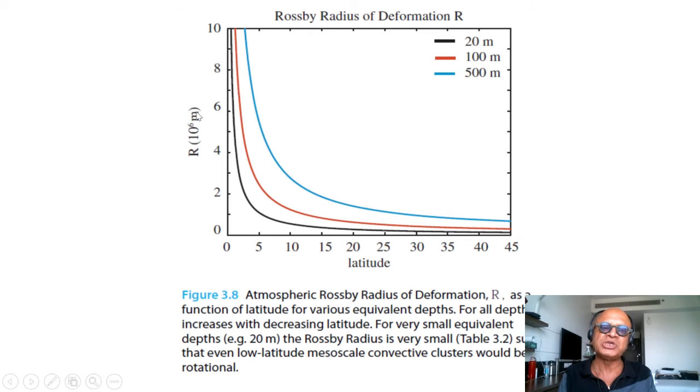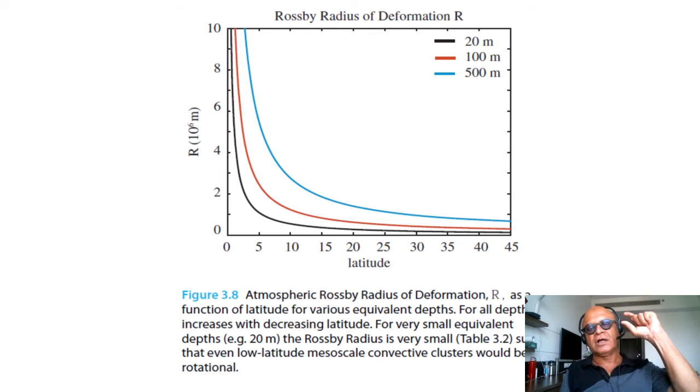So looking at the Rossby radius of deformation here versus latitude for different equivalent depths, as we can expect, when the equivalent depth is very shallow, 20 meters, the Rossby radius of deformation near the equator is basically going to infinity, 1 over f, and then it drops off and is very small at very high latitudes. Basically that means the processes in very shallow waters can be very small scale.